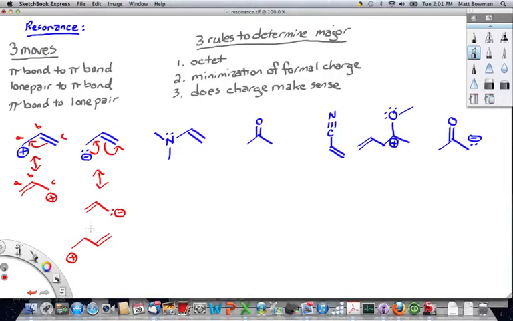Another way of putting it is you need to have p orbitals all the way through. This atom right here is sp3 hybridized. sp3 means no p orbitals. This kills resonance. So this molecule has no resonance structures. You cannot move electrons past an sp3 hybridized atom.